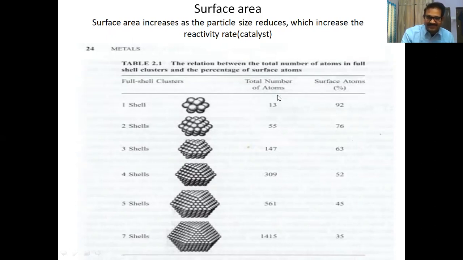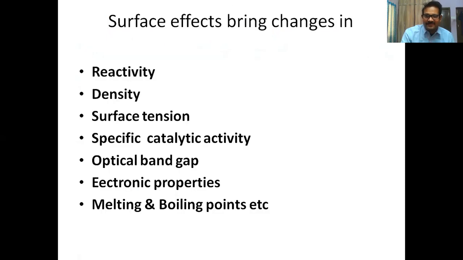This increase of surface area, we normally call it surface effects. These surface effects bring changes in reactivity increase, density decrease, surface tension increase because surface energy will increase, and catalytic activity will increase. So it gets a special catalytic activity, and chemical reactivity will increase.